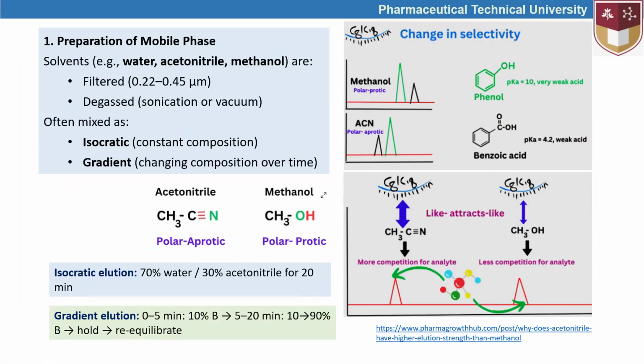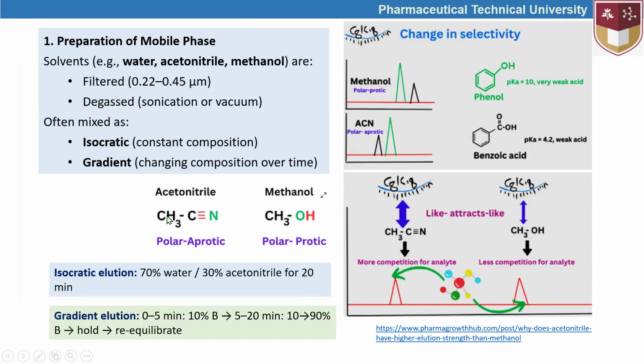Usually, the pumps take the filtered solution, and it is degassed, and it can be sent to the column in two regimes, either isocratic or gradient. In gradient, the composition changes over time.